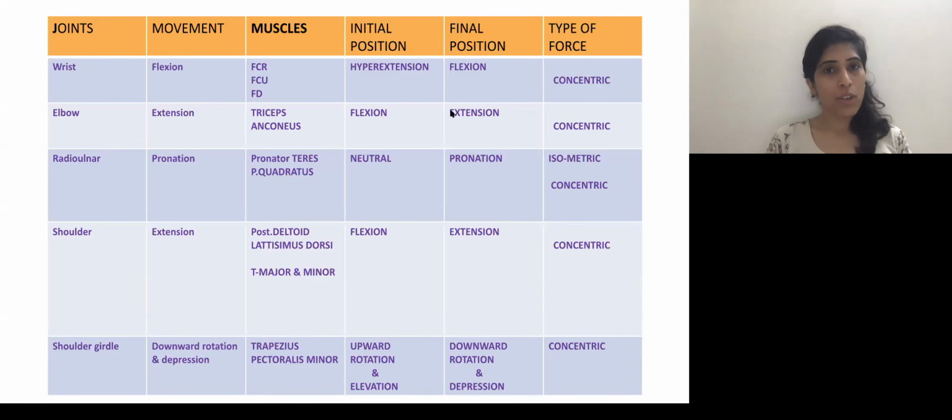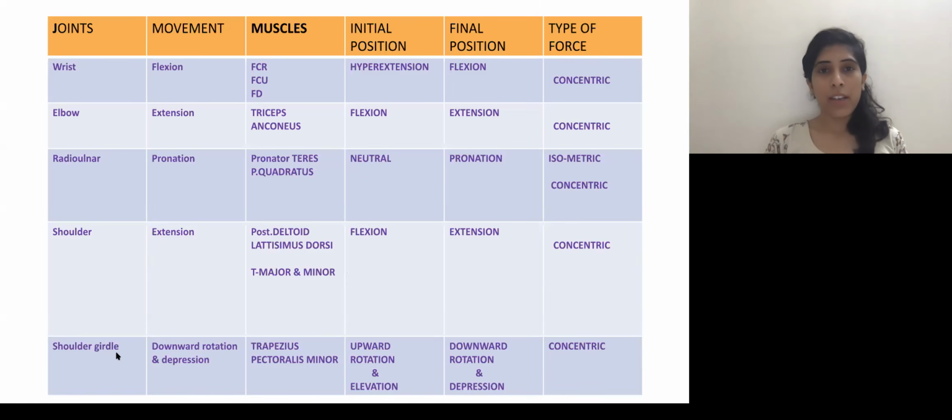Initially the flexion motion will be there, then it will go for the extension and external rotation, and then again for the flexion motion. So the deltoid muscle, the coracobrachialis, the teres major and teres minor muscles, as well as the internal rotators, that is the subscapularis muscle, have to work, and these muscles work concentrically.